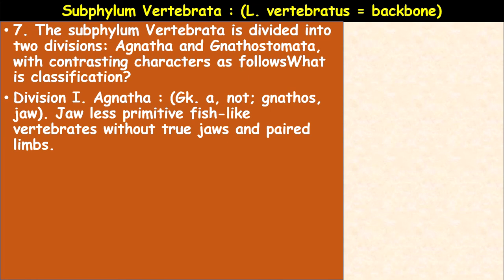In Greek, A means no or not. Gnathos means jaw. They are also called jawless, primitive fish-like vertebrates without true jaws and paired limbs. They don't have mouth. They don't have limbs, forelimbs and hind limbs.